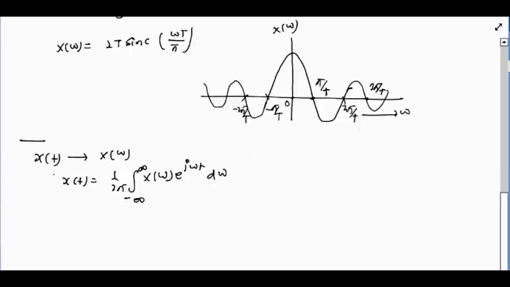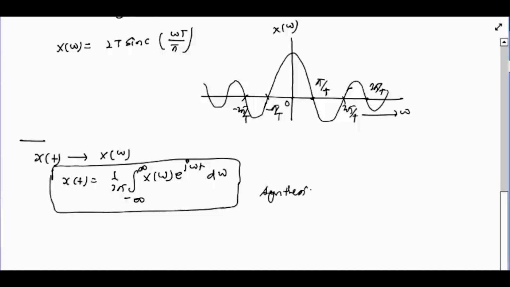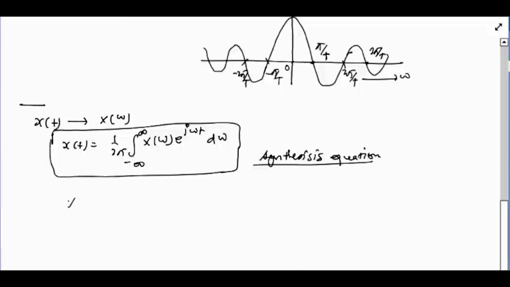Now, as in case of Fourier series, this equation is called the synthesis equation. The previous equation that got X(omega), that is the Fourier transform, from the signal, is called the analysis equation.